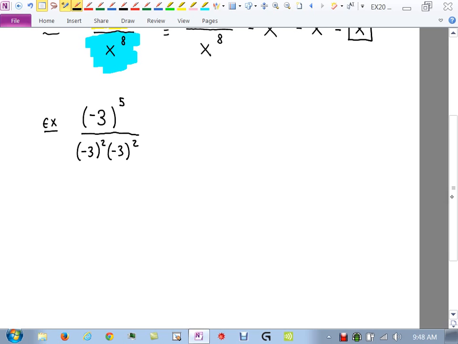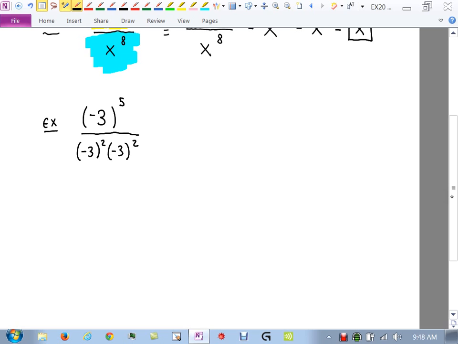Now, are my parentheses there just because I love parentheses? No, it's because I'm trying to make sure it's clear what is being raised to a power, right? What is the base in the numerator? Negative 3.